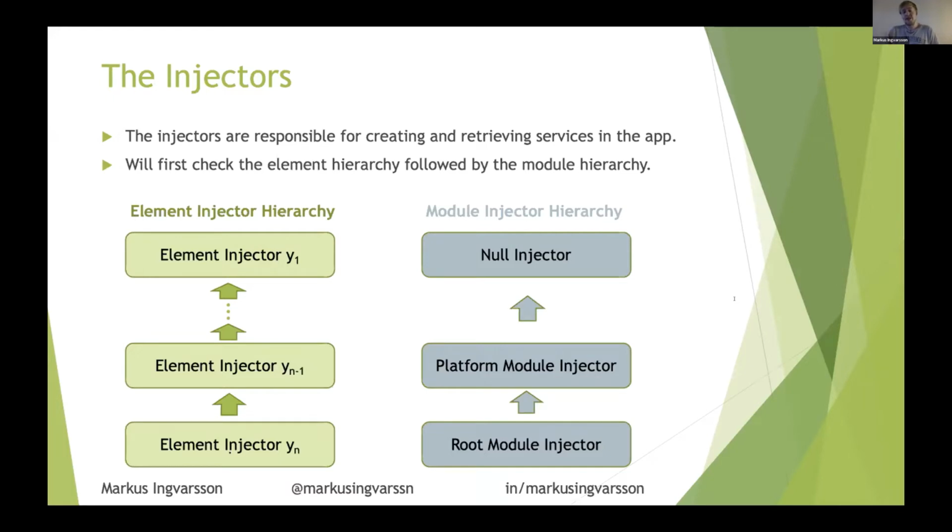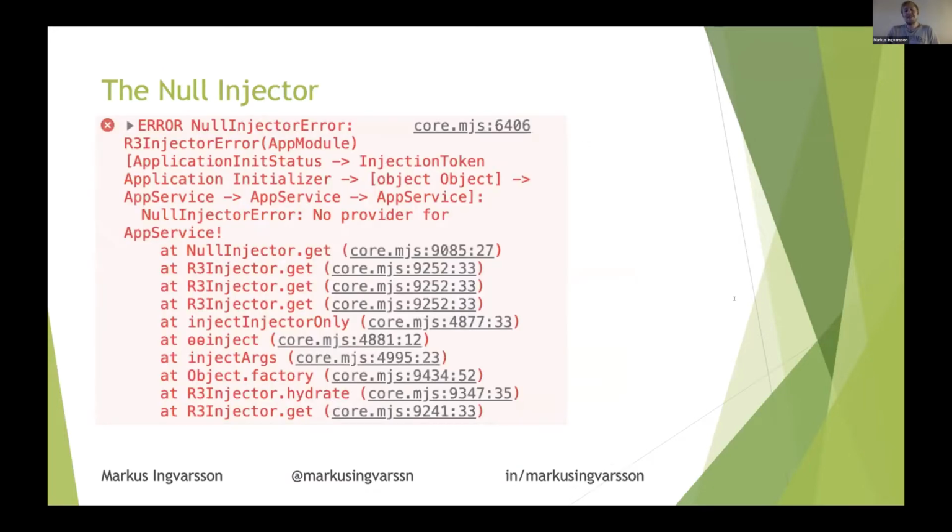And if the service was not found there, it will check to see if the platform module injector can retrieve the service. This injector contains platform-specific dependencies, and if the dependencies were not found there, it will reach the null injector. And I think many of us have felt frustrated when we started out coding in Angular and were met with this message.